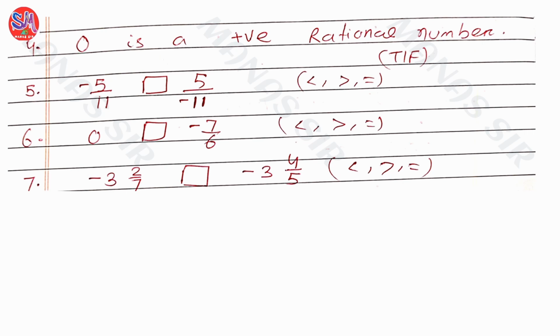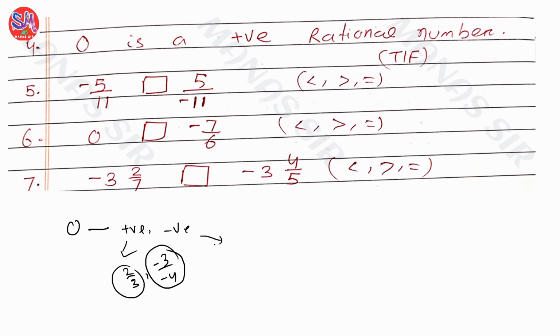0 is a positive rational number. No. We know that 0 is neither positive nor negative. Okay, then what are positive rational numbers? Those where the signs of the numerator and the denominator are the same, like 2 by 3 or minus 3 by minus 4. This is also a positive rational number. 2 by 3 is also a positive rational number.